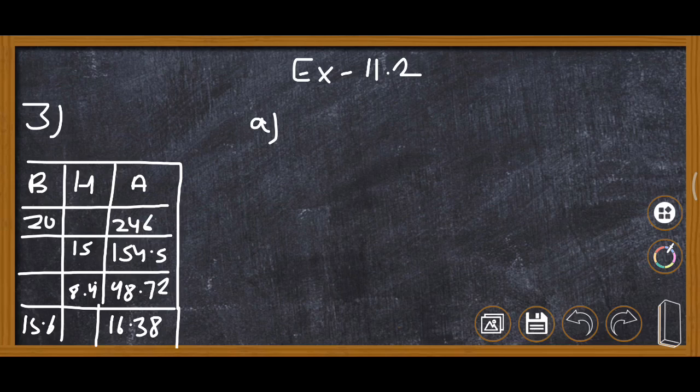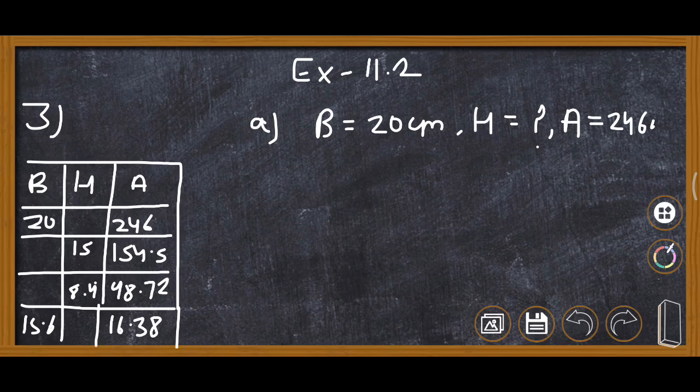So in the first one, base is 20 centimeter, and height is what we are required to find, so here we will make a question mark, and area is 246 centimeter square. Now you know the formula of area of parallelogram. This is 246, it is given.